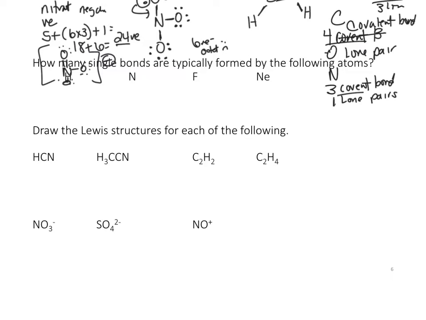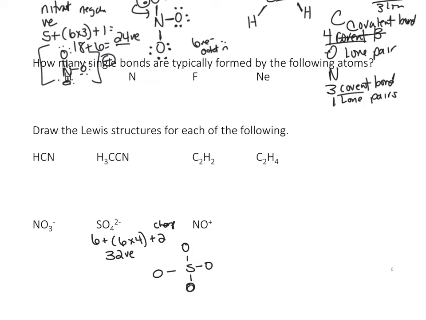Okay, sulfate. So sulfur is group 6, oxygen is group 6, there are 4 of them, plus the 2 for the charge. So you get 6 times 5 is 30, plus 2 is 32 valence electrons. You have sulfur connected to 4 oxygens.